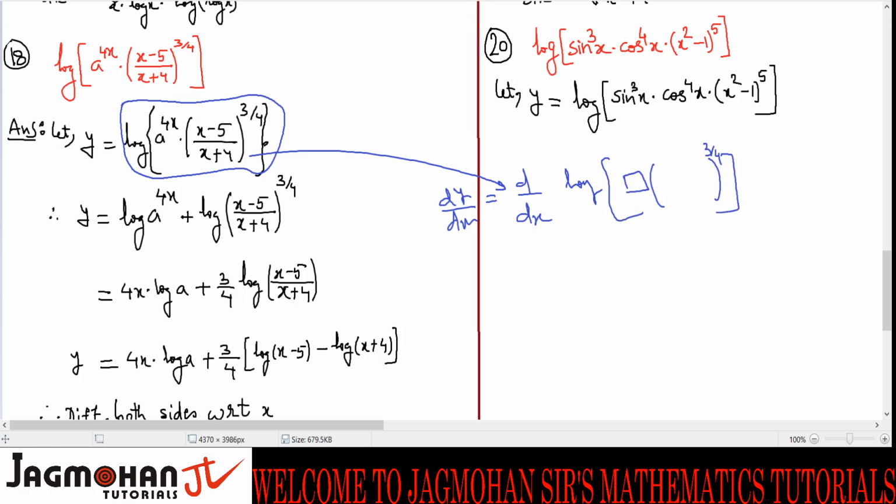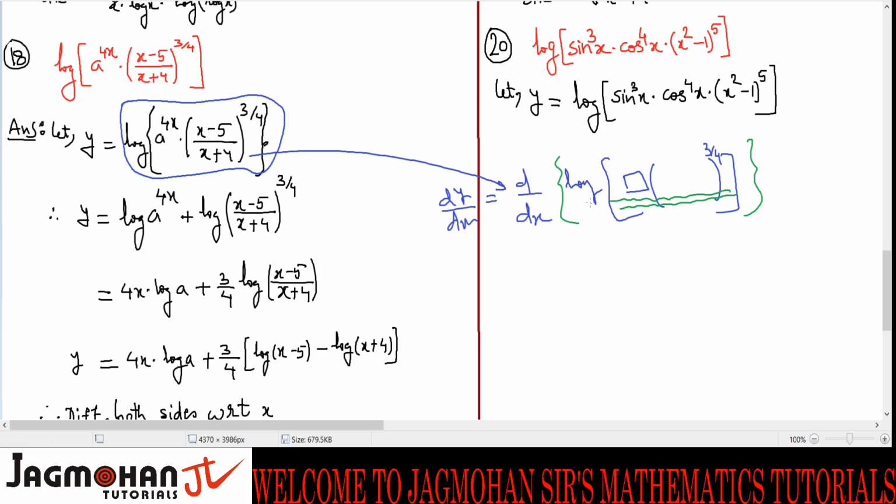Then I will ask you, what function are we differentiating? I will ask you to name the function. The function will be a logarithmic function. Why? Because it is log of this thing.